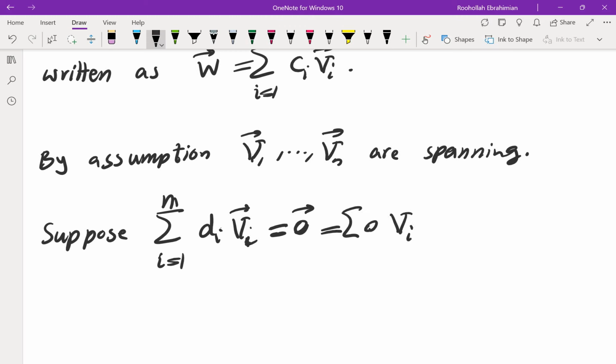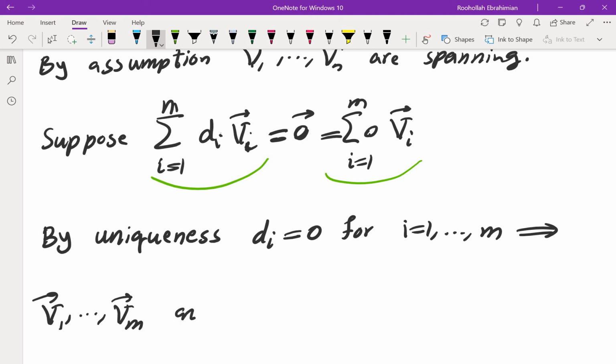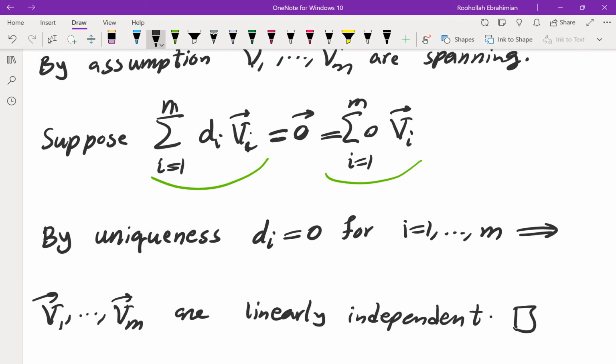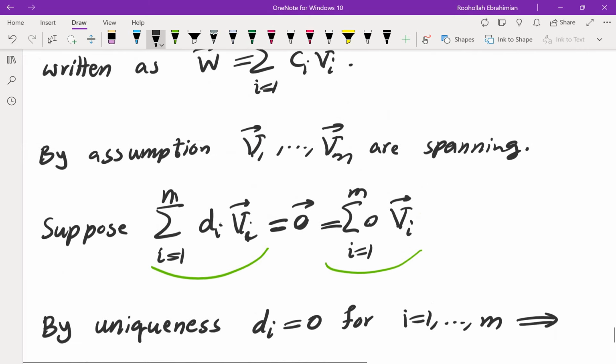So by uniqueness, di must be 0 for i equals 1 through m. What does that mean? That means v1 through vm, and these are m, are linearly independent. So what we showed is that this set of v1 through vm, they are linearly independent and spanning.